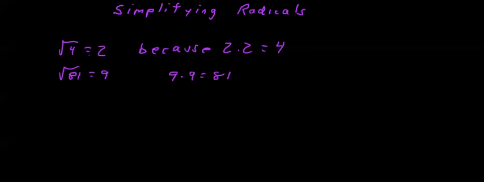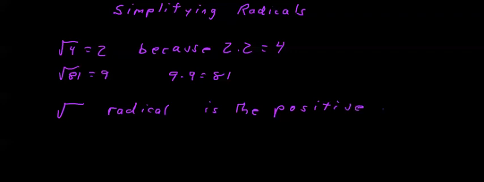Now, this symbol, the radical, is the positive or principal square root. All numbers except 0 have 2 square roots. We're only looking at the positive one today.